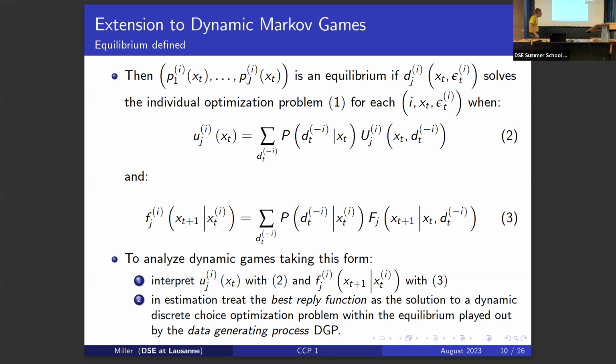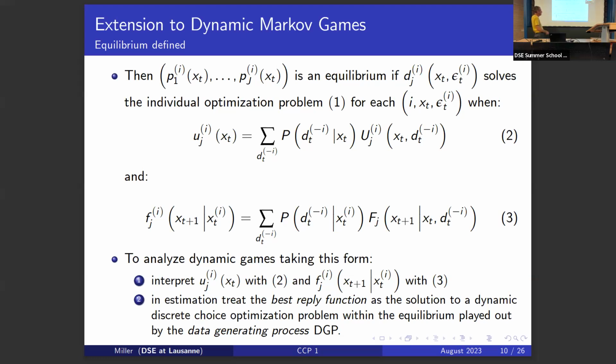And if I define the transition function as, well, I'm going to take action j. Actually, this shouldn't have an I on it. Excuse me, I won't try and rub it out right now. Here's the state variables for everybody.